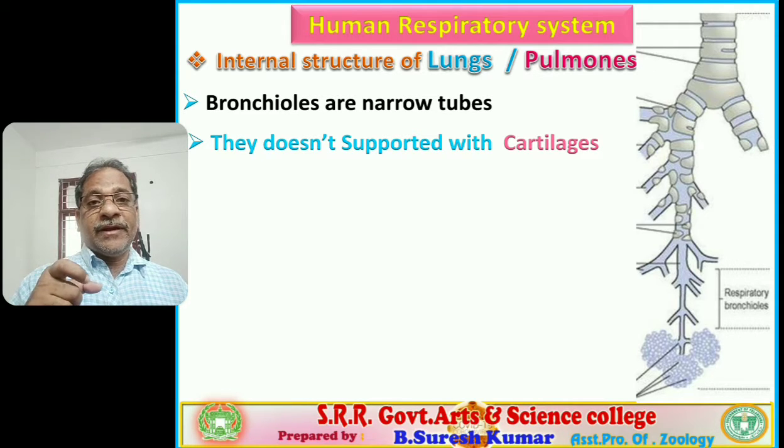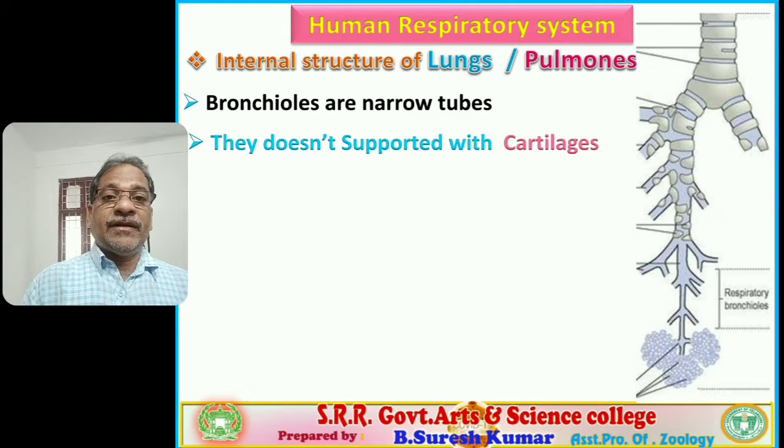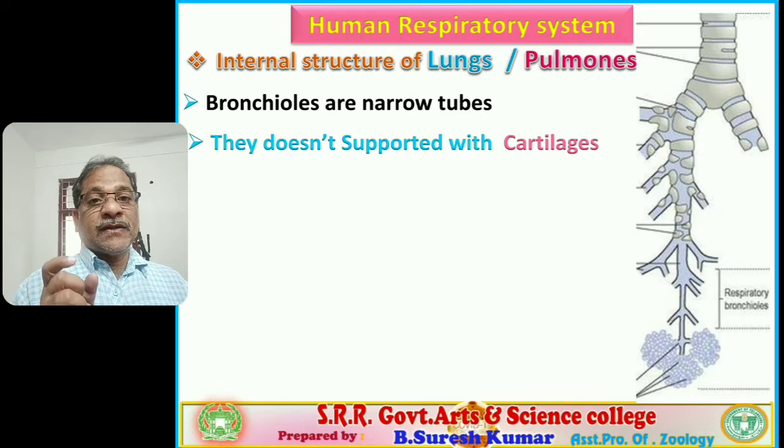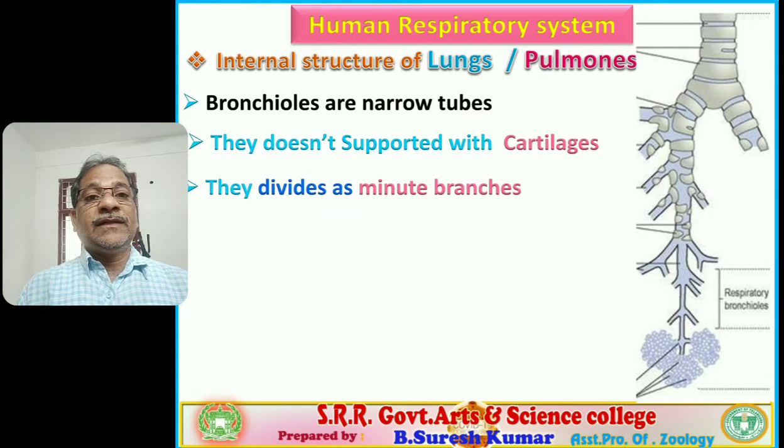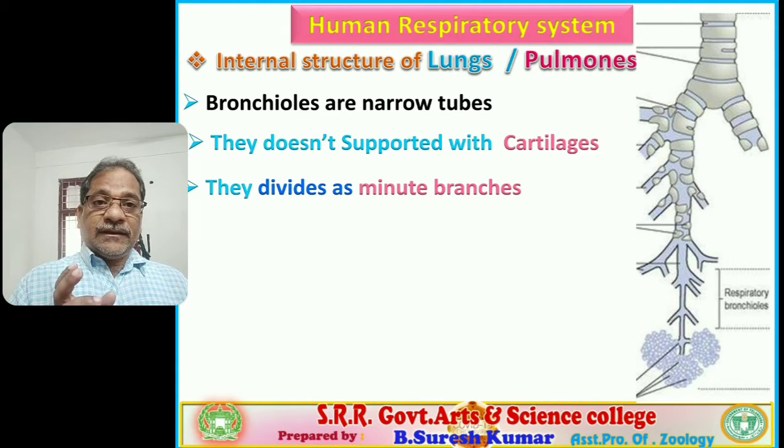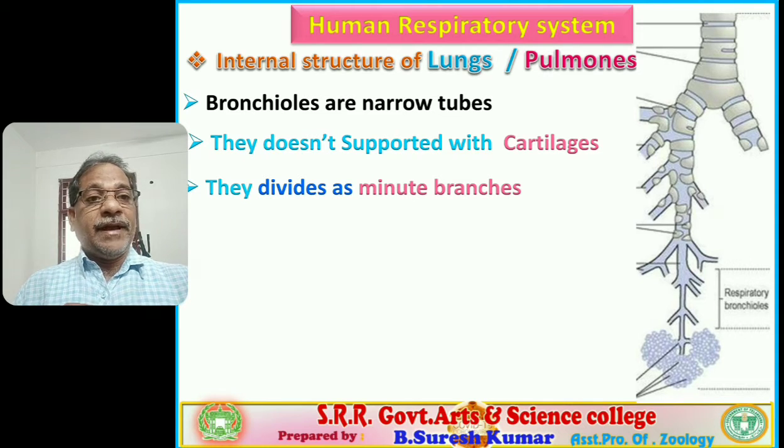These initial bronchioles are supported with cartilage structures, but after crossing the initial bronchioles, the subsequent bronchioles are not supported with cartilage. Remember, initial bronchioles are supported with C-shaped cartilage, but the subsequent bronchioles are not supported with any cartilage. Follow?